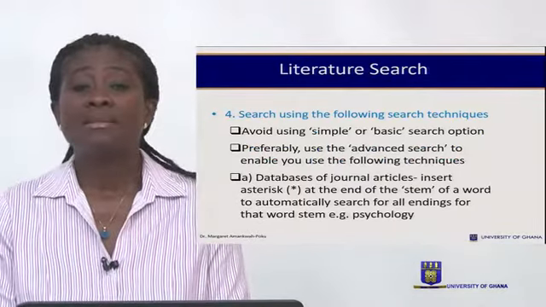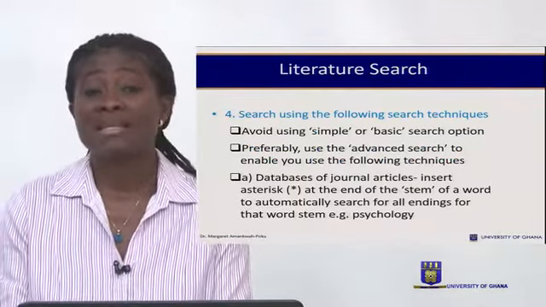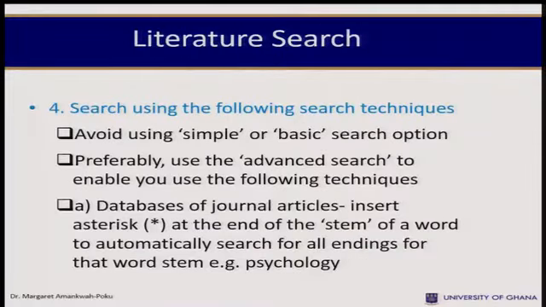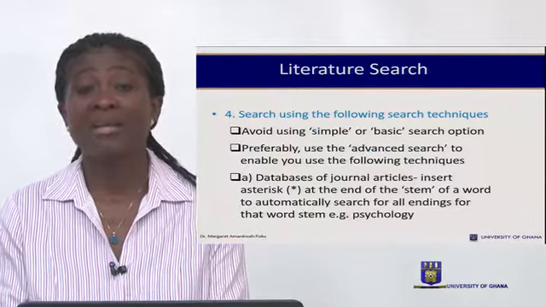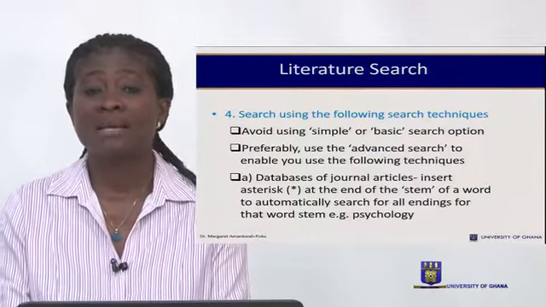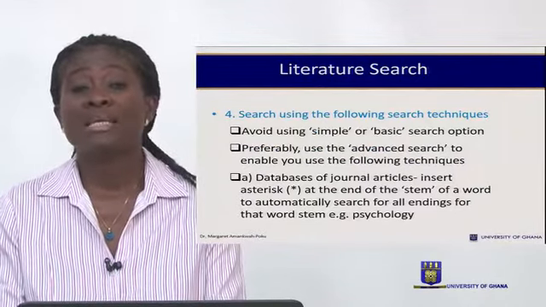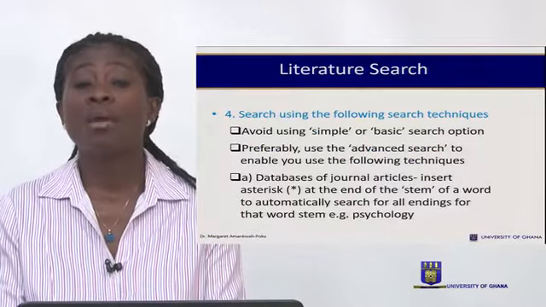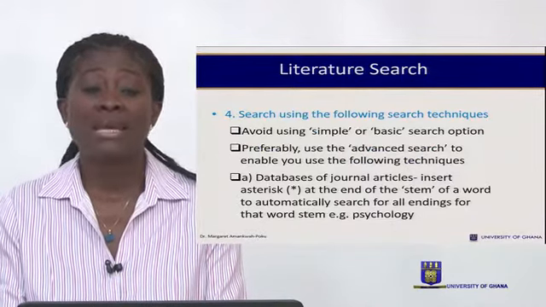So you can search the database by inserting an asterisk at the end of what you call a stem. So for instance, if my stem word is psychology, I type in psychology and I insert an asterisk at the end of it.